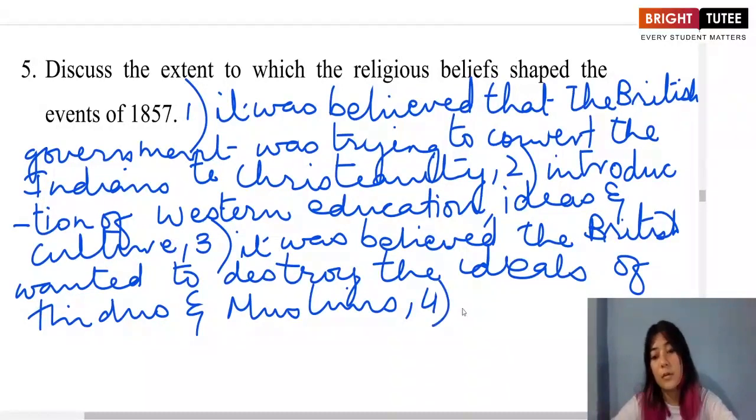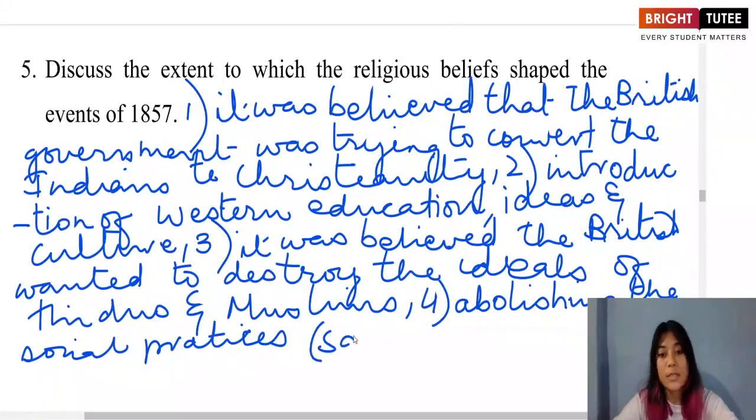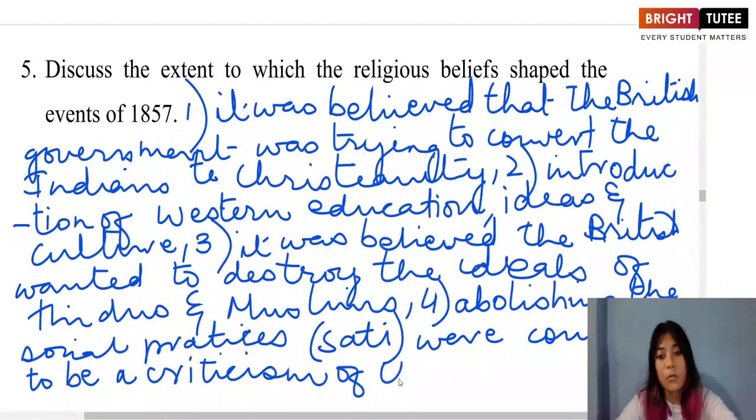And number 4, abolishing social practices such as sati was considered to be criticism of the British government.